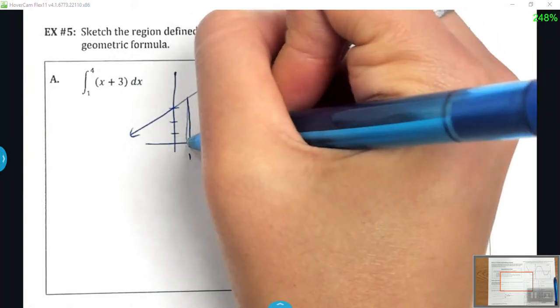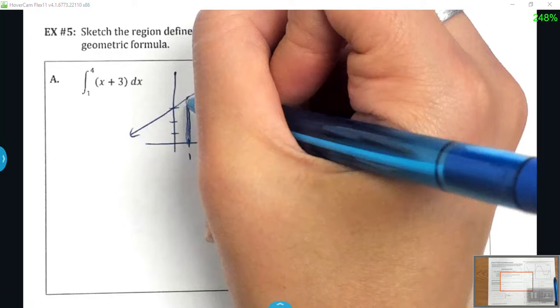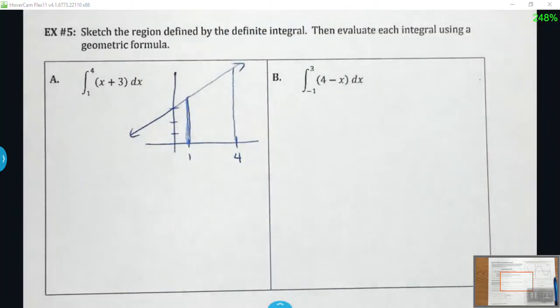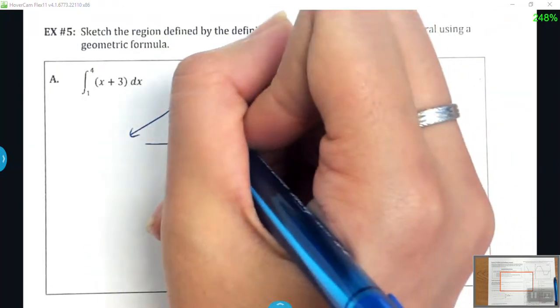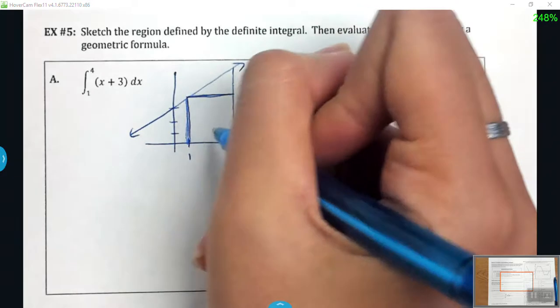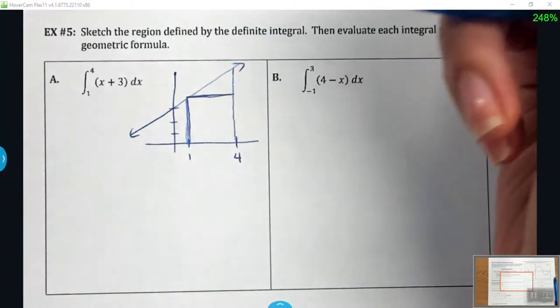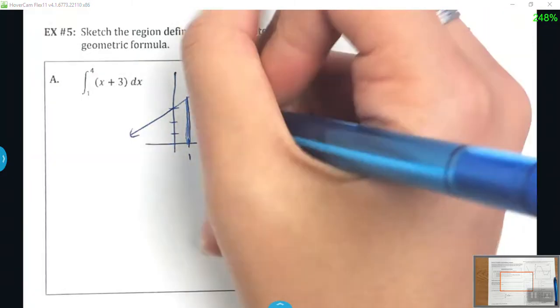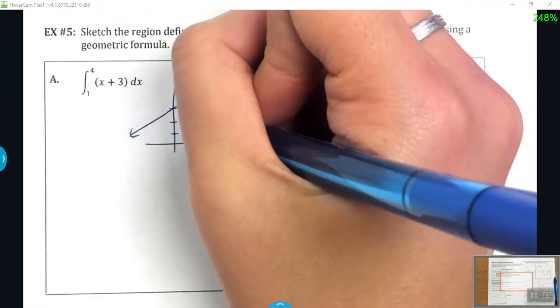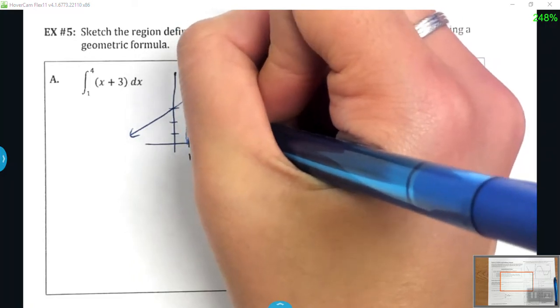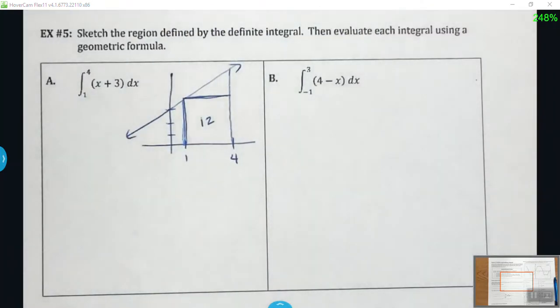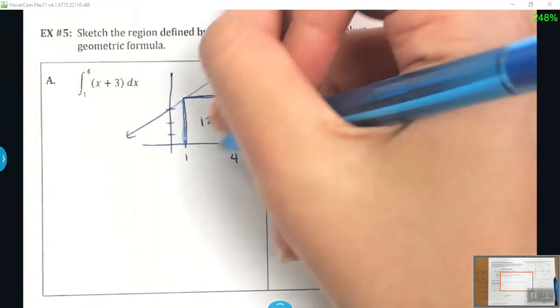Okay, we need the area of this region. Split it into a triangle. Okay, fine. Well, the area of this then is 12. Didn't you say triangles before? Why are you going trapezoid now? It's 9. Because the height is 4, the height is 4, width is 3.